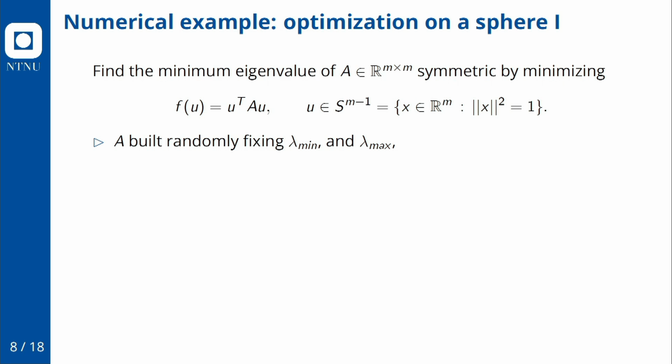So in my tests, I build A randomly, but I keep fixed its minimum and maximum eigenvalue, because I can get some conclusions according to the difference between these two values, which I've called I lambda.